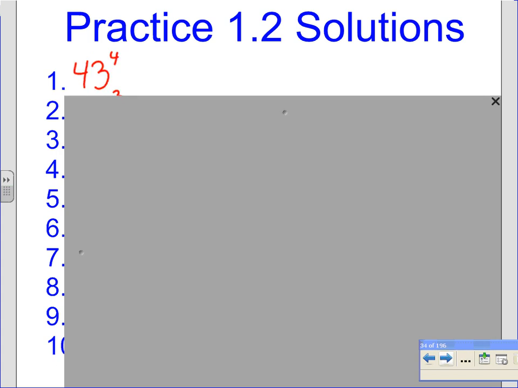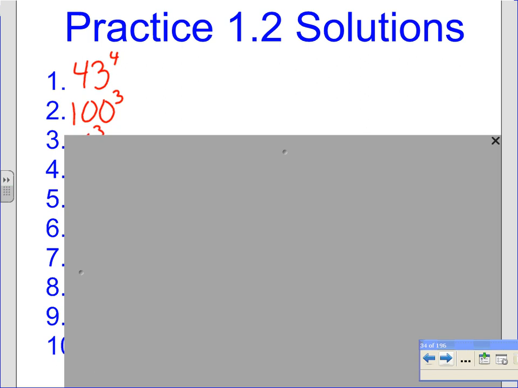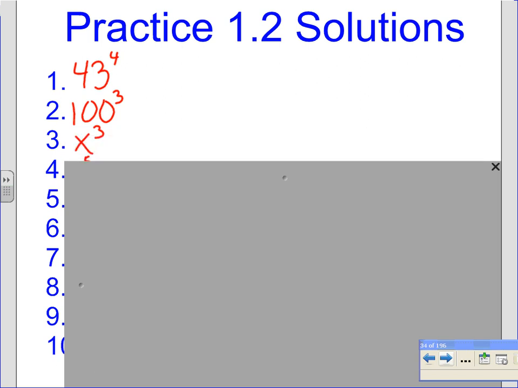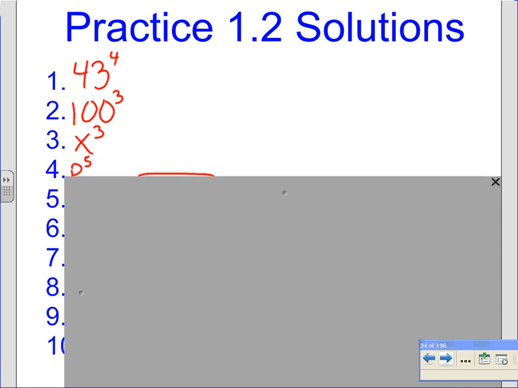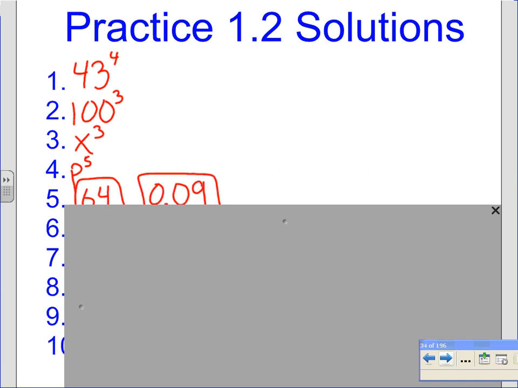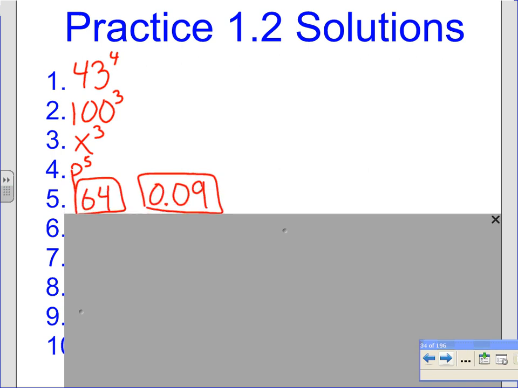Number 1 on the homework, 43 to the 4th. Number 2, 100 to the 3rd. Number 3, x to the 3rd. Number 4, p to the 5th. Number 5, 64, and then the other answer is 9/100 or 0.09. You okay, Jeremy?